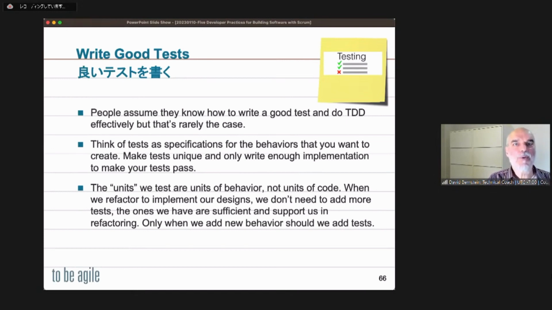But when we write poor tests, when we write tests that depend on implementation details, or we write too many tests because the developer says, well, 1 test is good, 2 tests is really good, so 100 tests must be amazing, so I'm just going to write a lot of tests. But this is not a good thing to do, because when we go to refactor our code, many tests break.